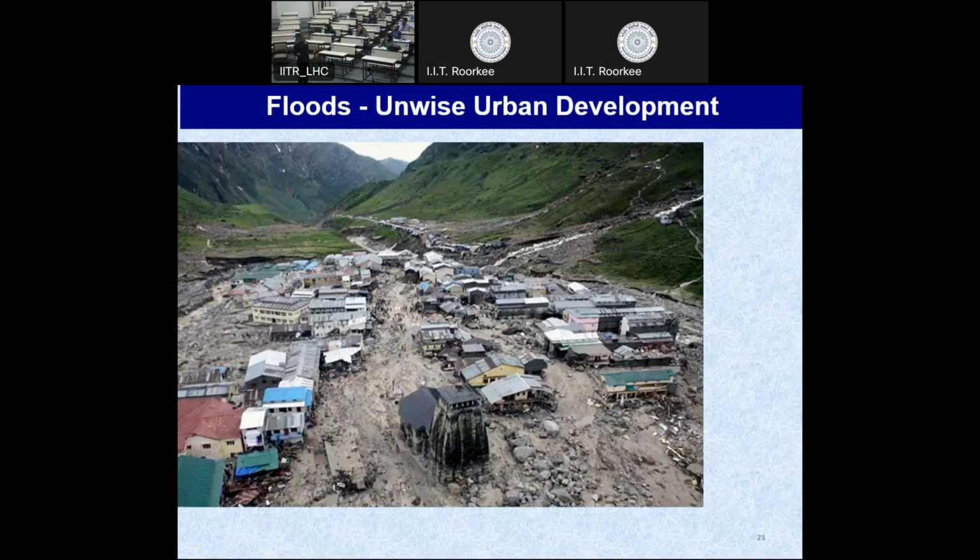So urbanization itself is not bad, but unwise urbanization, developing urban areas, constructing houses, disregarding the topographic conditions, disregarding the soil conditions, and disregarding the weather, is a sure recipe for damage.